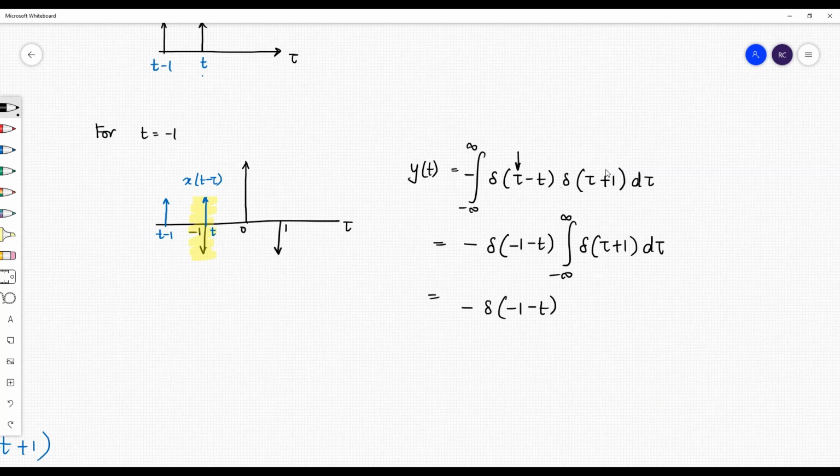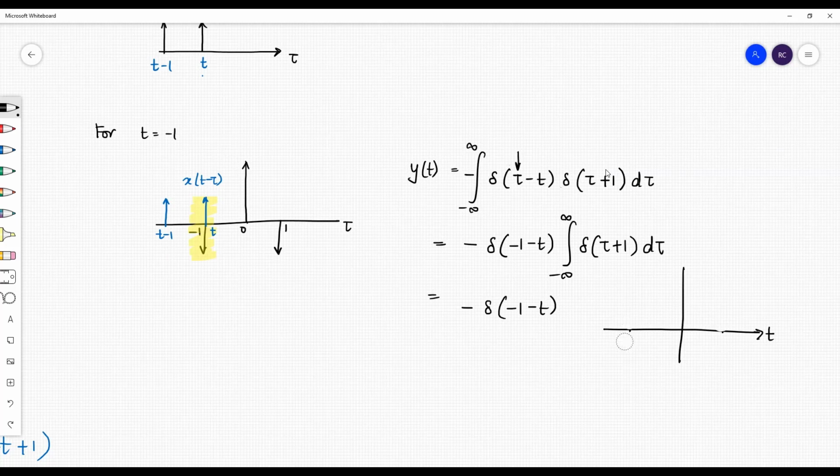Okay, and how does this impulse look like? It has a strength minus 1, and can we say where it is situated? You remember from the compound operation of time scaling, you first do shifting by minus 1, so you would have shifted an impulse here, then you would have reflected it, that means it came here at minus 1, and then it has a strength minus 1.